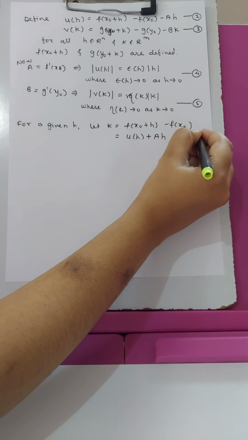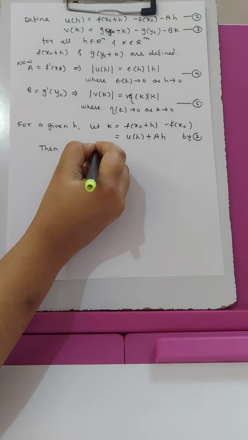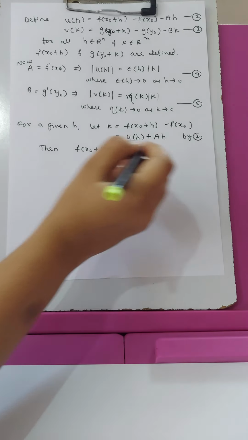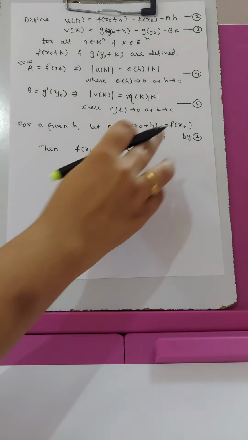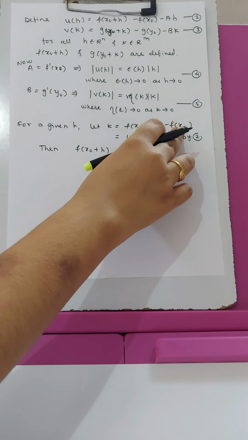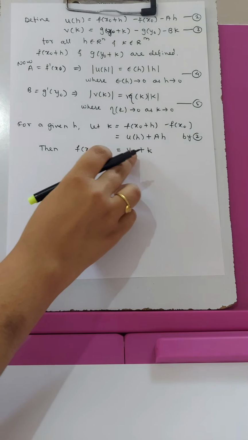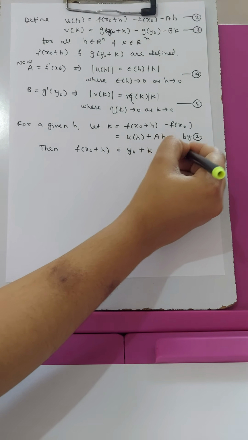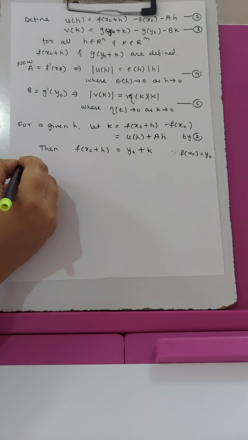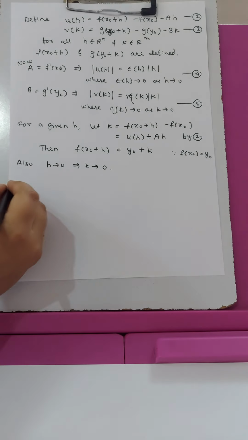Then f of x0 plus h equals y0 plus k, since we know that f of x0 is equal to y0 from 1. Also h tends to 0 implies that k tends to 0.